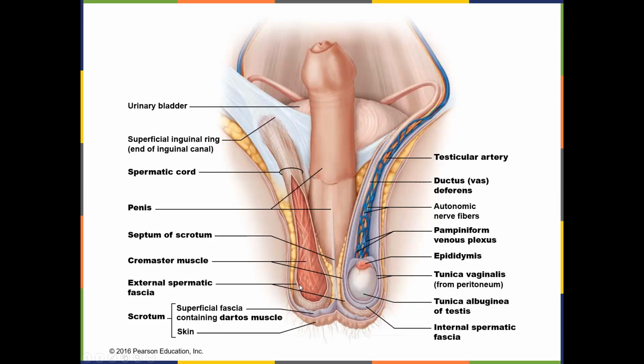This is the inguinal canal right here. The inguinal canal is the opening that allows the epididymis and the arteries and veins and everything in the cord to pass through the abdominal wall.